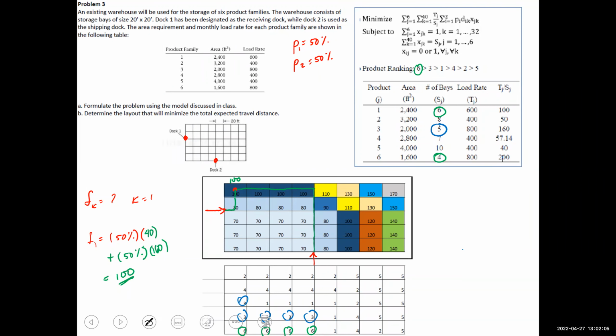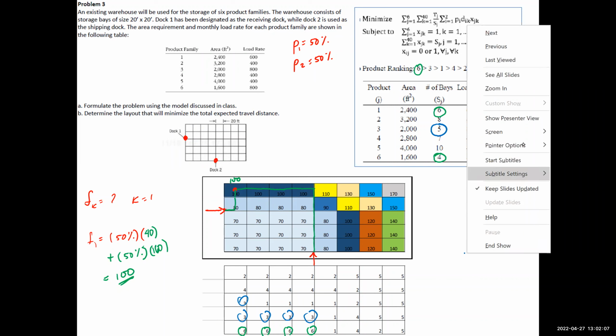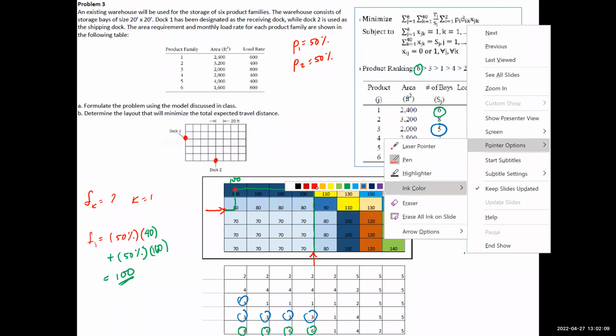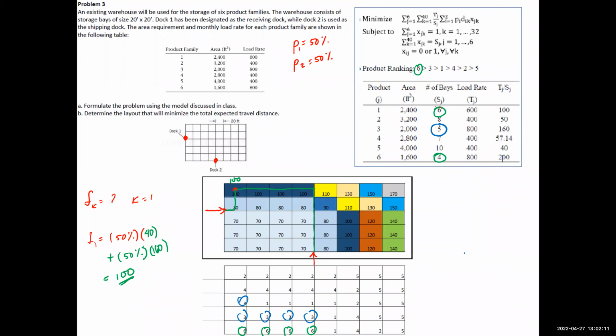The next one is 1. So 1 needs 6. So I'm going to use the rest of the 70s, and then I need to transition to the next one. So the next cells that give me a good value are the 80s. So I'm going to use 3 of those.